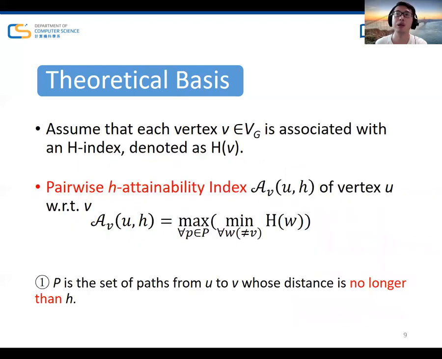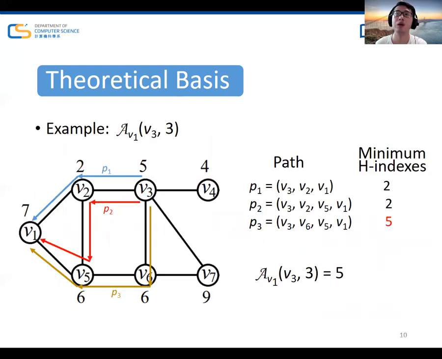Then we assume that each vertex of the graph is associated with an h-index, and we define the pairwise h-attainability index. Given two vertices u and v and a positive integer h, the pairwise h-attainability index of u with respect to v is the maximum of the minimum h-indexes over every path from u to v whose distance is no longer than h. For example, I compute the pairwise 3-attainability index of V3 with respect to V1.